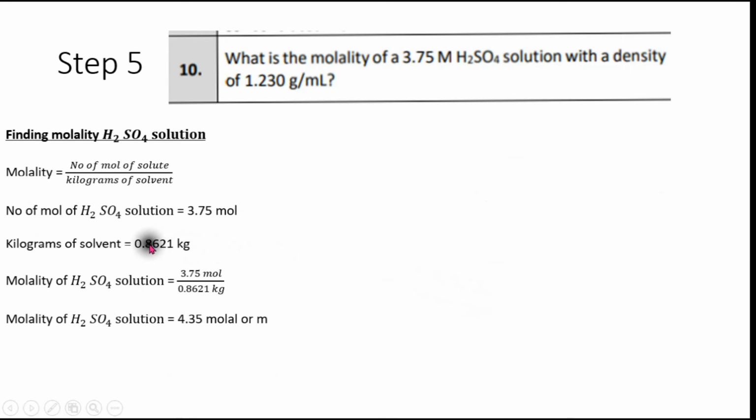So now we insert it into the molality formula. You can just take 3.75 mole, divide by 0.861 kilograms. Then we get the molality of the H2SO4 solution, which is 4.35 mole per kilogram, or you can write the unit as small m.